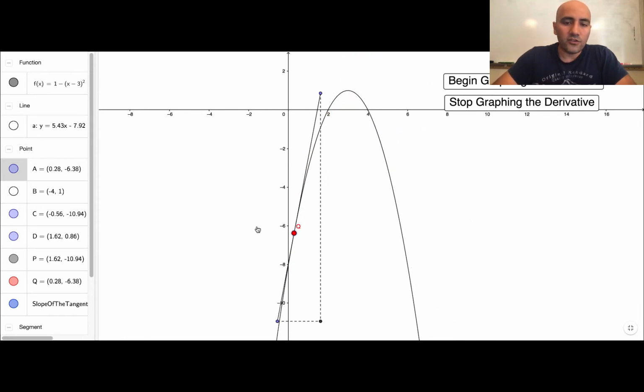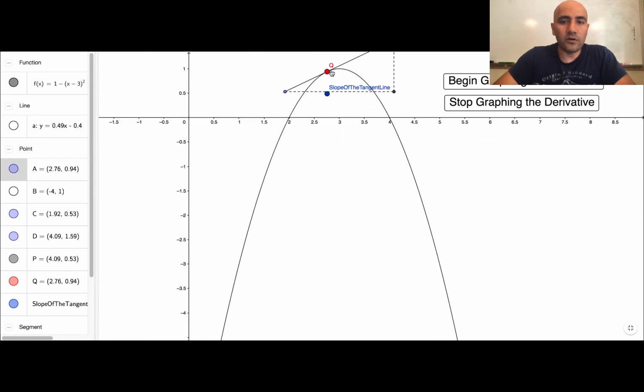Okay. And so if we think about the slopes, at this point, this tangent line has a very steep positive slope. And as we get closer and closer to the top of this parabola up here, we see that the slope is still positive. It's going to be a smaller and smaller slope until we get to somewhere around there, a very, very small positive slope.